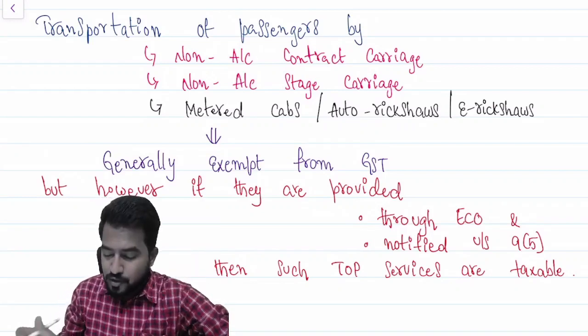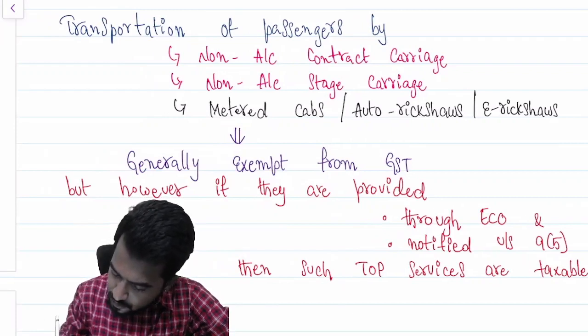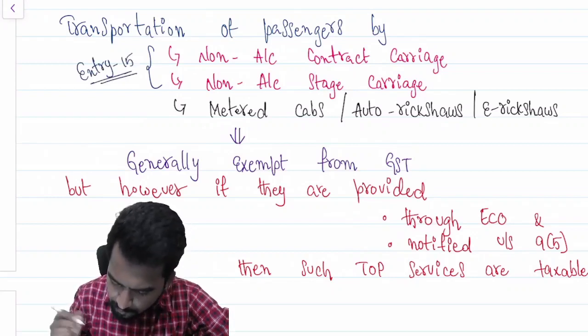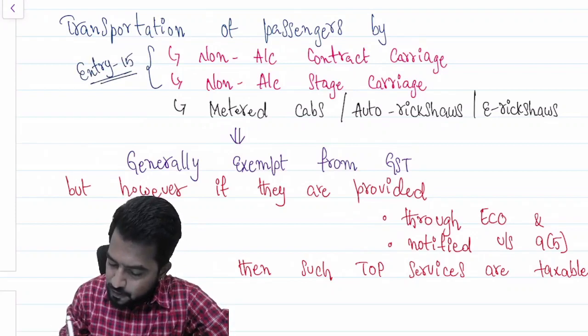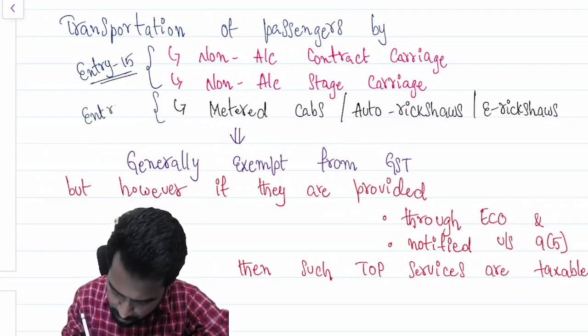GST. So these 2 points, my dear friends, the first is given in entry number 15, and this point is from entry number 17.